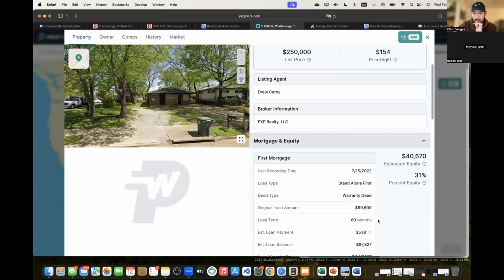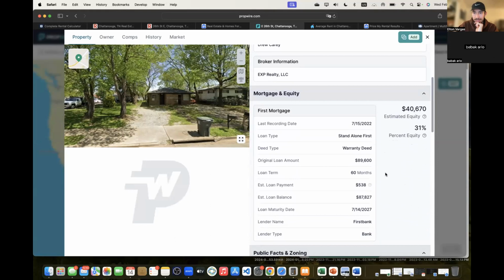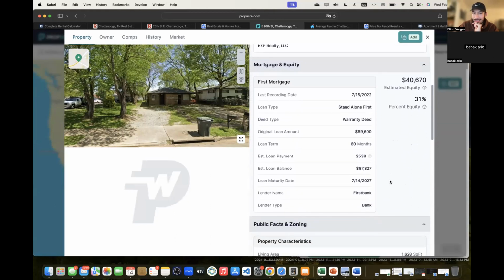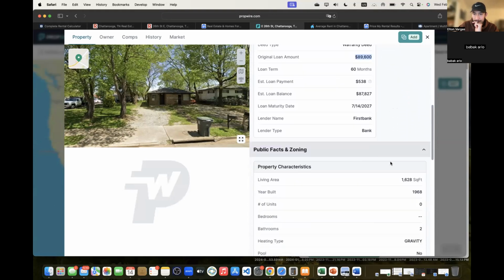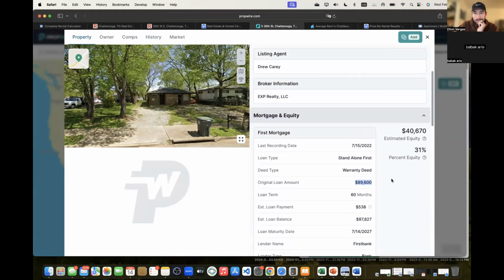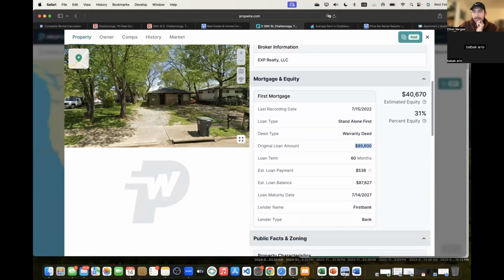Mortgage, 2022. What kind of rate? It doesn't give me the rate. Estimated loan amount 89. And it doesn't give me the rate on the mortgage. Let me put it in.